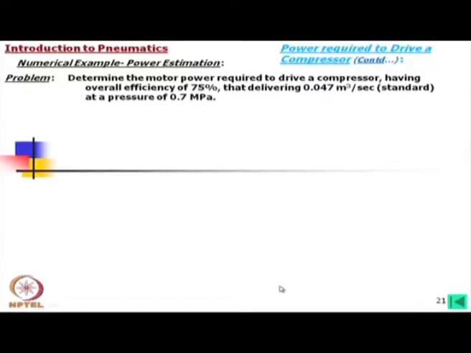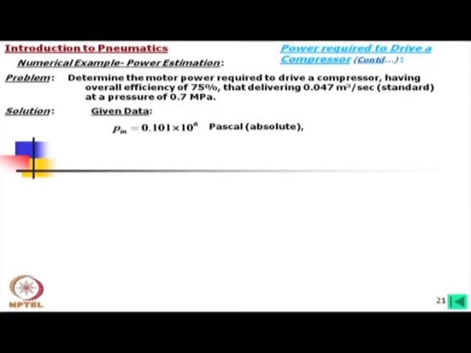And again, we consider another problem: determine the motor power required to drive a compressor with an overall efficiency of 75%, delivering 0.447 meter cube per second at a pressure of 0.7 megapascals. So, these are the given data.